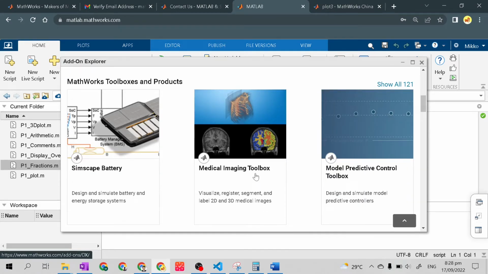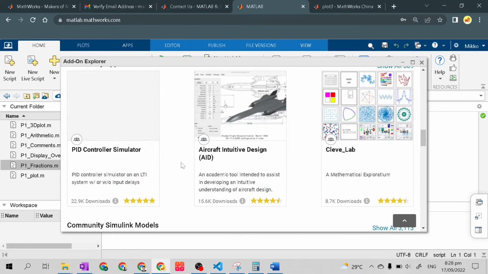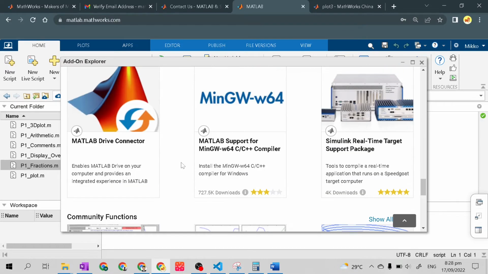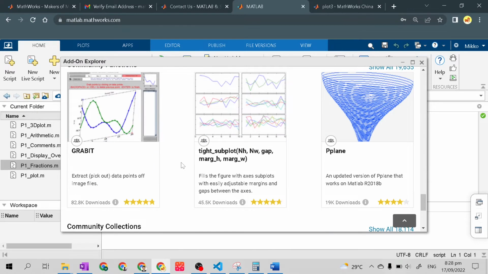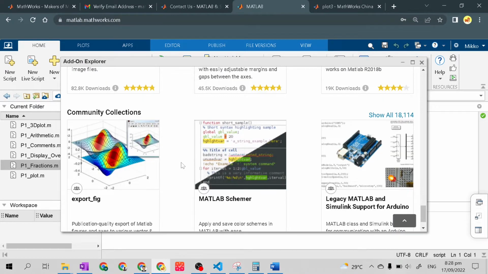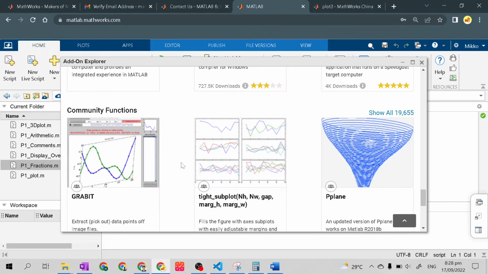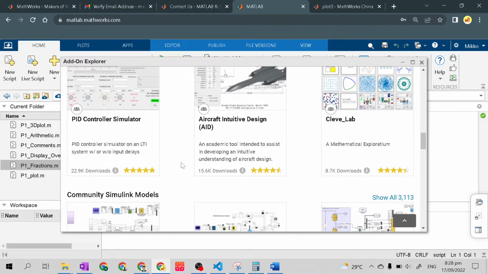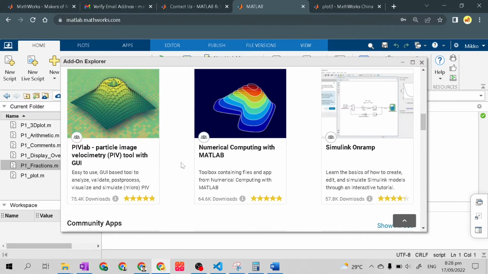Toolboxes are products of MathWorks, the distributor of MATLAB licenses. These are products like applications that help engineers, researchers, scientists, and mathematicians solve their problems or create their designs.